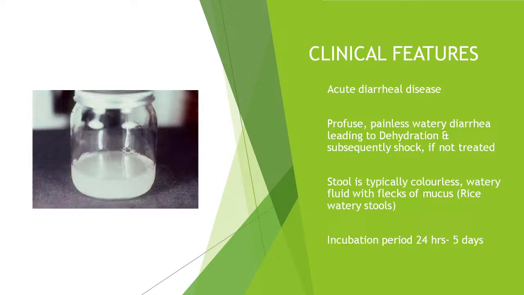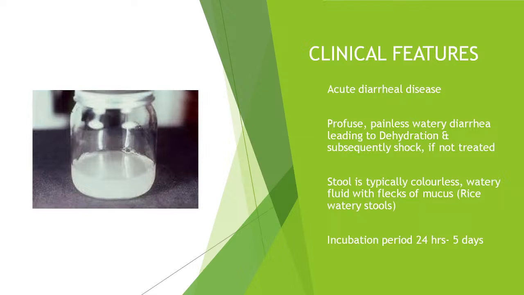This diarrhea is usually painless. So there is no pain as such. Intestinal pain is absolutely not there. It causes severe diarrhea, and the frequency of motion is very high, which leads to severe dehydration.